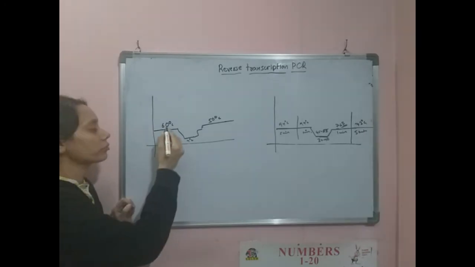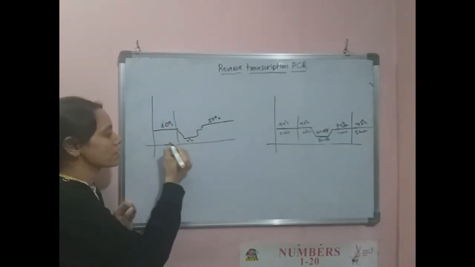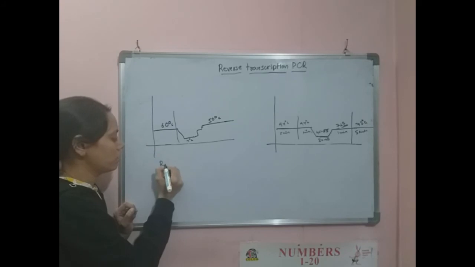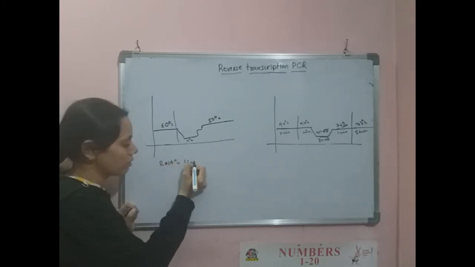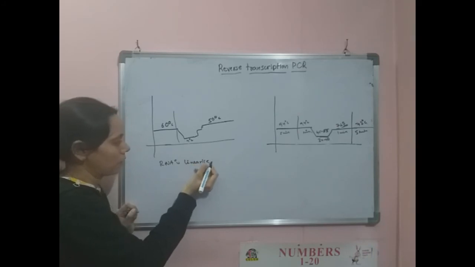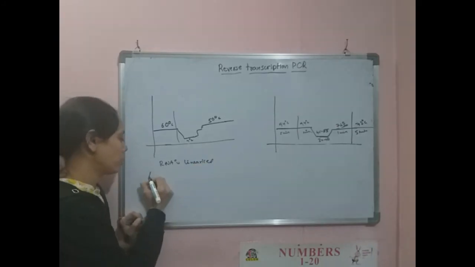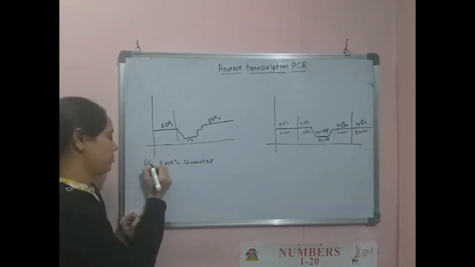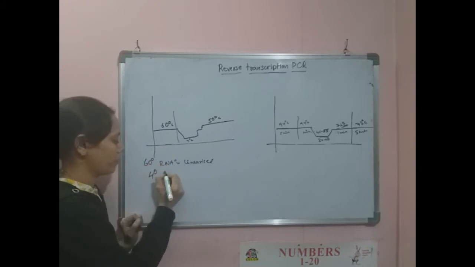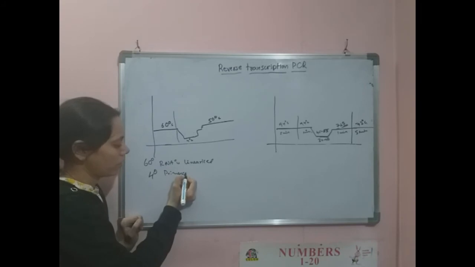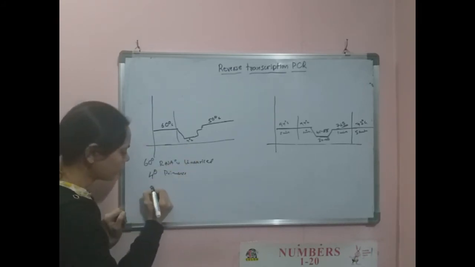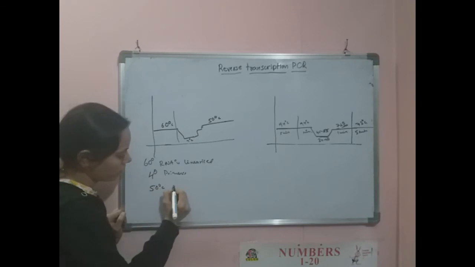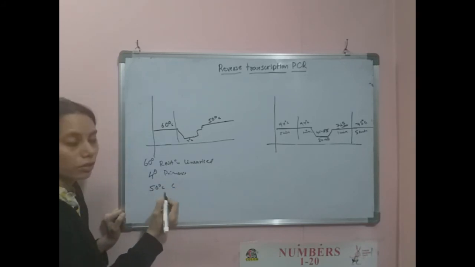So here at 60 degrees the RNA is linearized, at 4 degrees primers will be attached, and at 50 degrees cDNA will be formed.